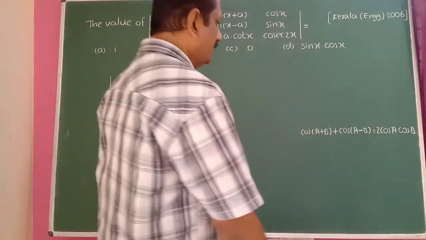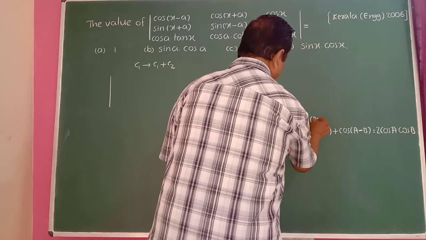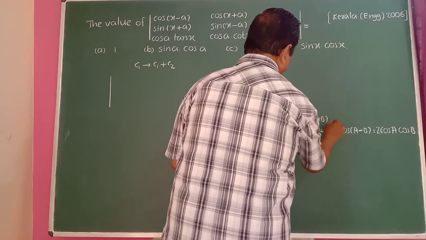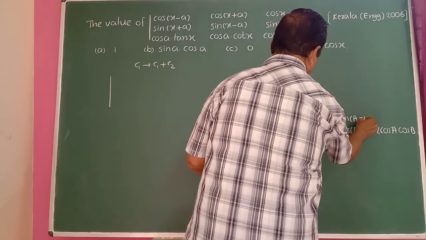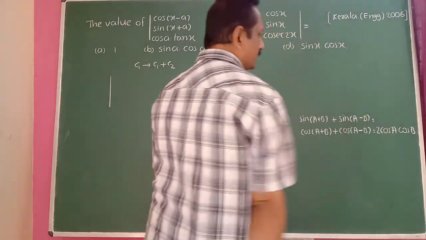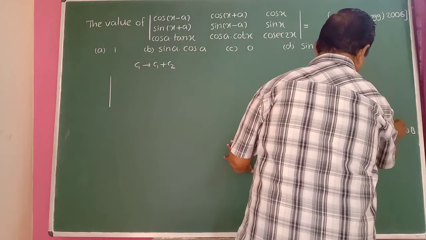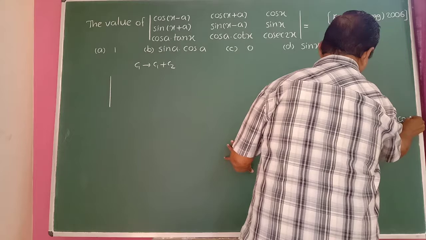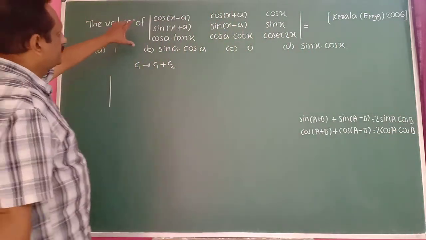Similarly, sin of a plus b plus sin of a minus b is equal to 2 into sin a into cos of b. We are using this formula here.